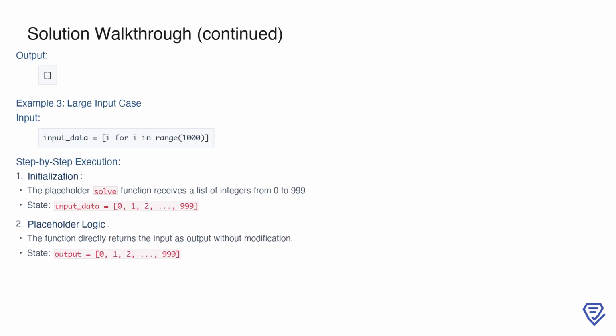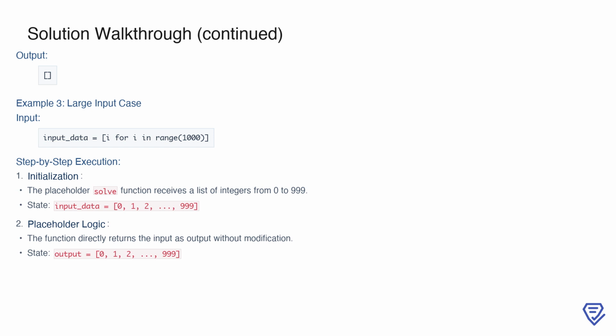In the third example, we examine the case of a large input where the data consists of a list of integers ranging from 0 to 999. The solve function begins by initializing with this input, and the state at this point is represented as input_data equals 0, 1, 2, up to 999. Following the same placeholder logic as before, the function directly returns the input list without making any changes.